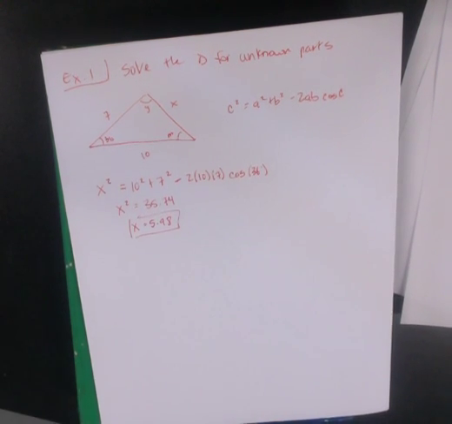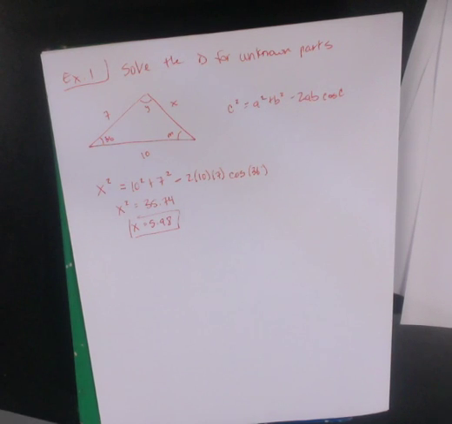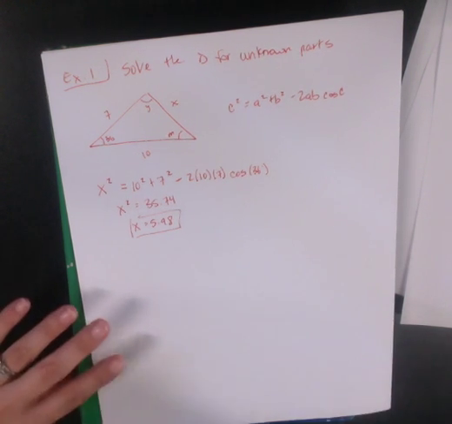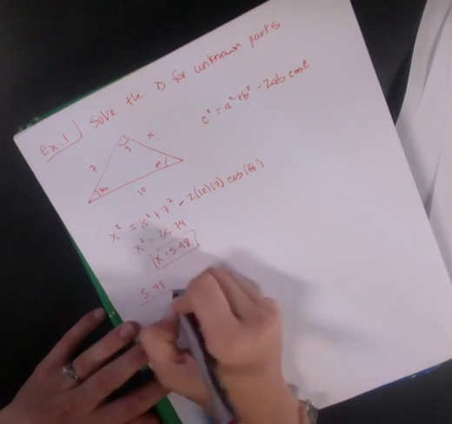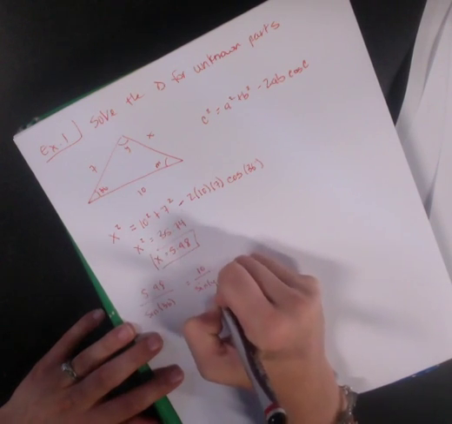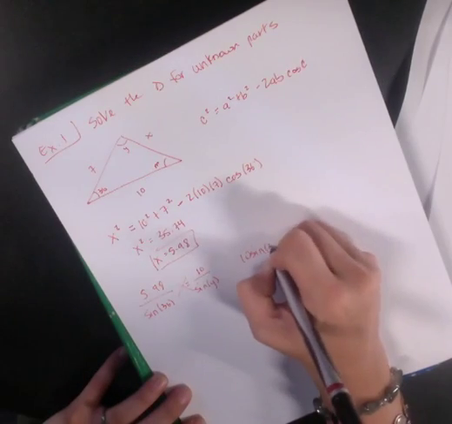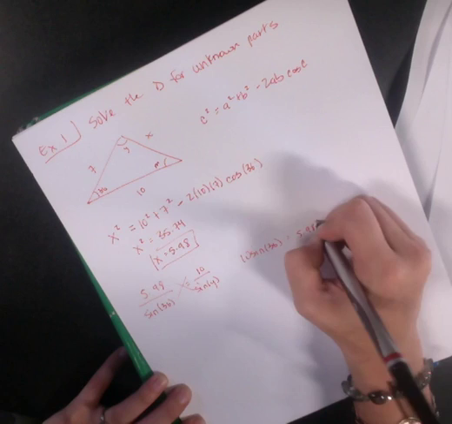It's really fantastic that we have that because we are able to make our lives really easy and use a different form from here on out. Yes, you do need to memorize the law of cosines. Now from here, we can use the law of sines. We can say that 5.98 over the sine of 36 is 10 over the sine of y. And we should know how to solve this. We say 10 sine of 36 is 5.98 sine of y.